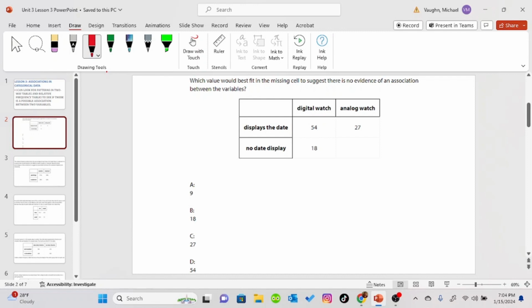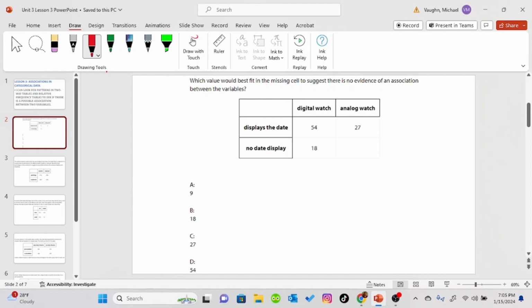So here you can see along the top we have columns of digital watch and analog watch. And the rows that we have are displays the date or no date display. So in order for there to be no evidence of an association, then we would expect the proportions to be similar.